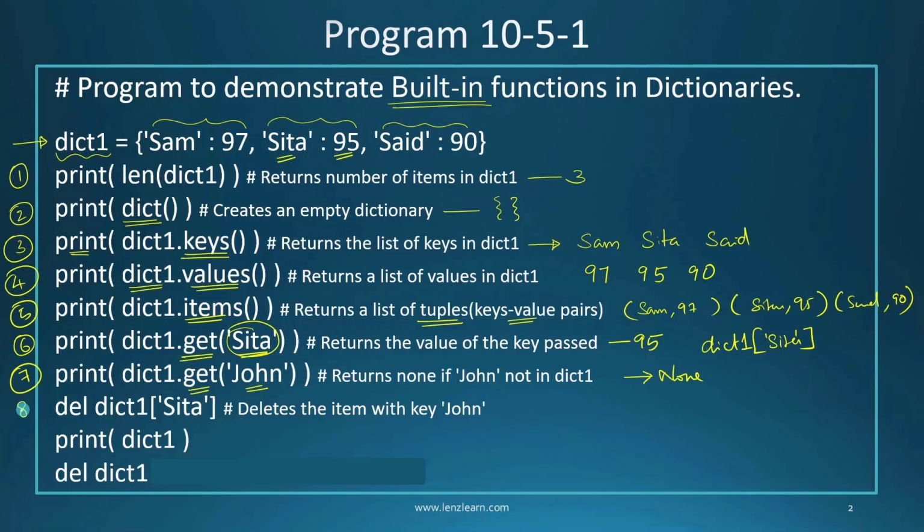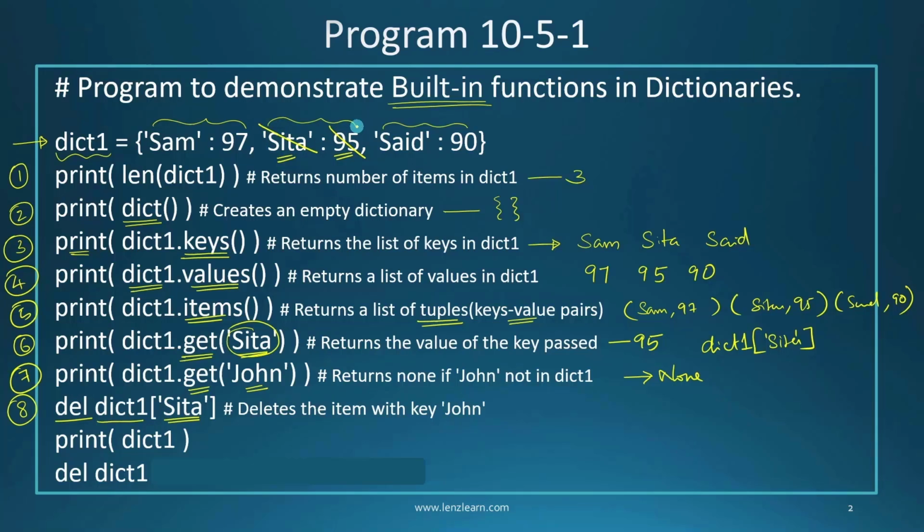Now in the next statement, this is how you can delete an item from a dictionary. You call del, which stands for delete, and after that you give the name of the dictionary dict1 and then you provide the key. Then it will delete both the key and the value from the dictionary.